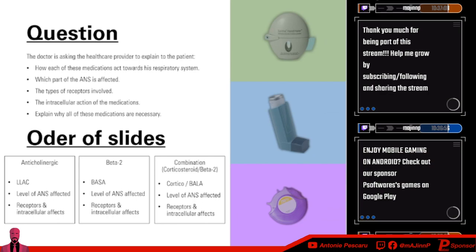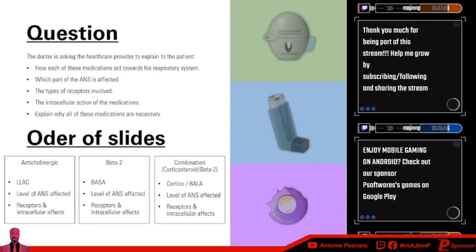Salbutamol, in this case, we're going to be mainly looking at the beta part, which stands for beta-2 agonist short-acting. I included the other one, which is the beta-2 in the combination, which you see right next to it.